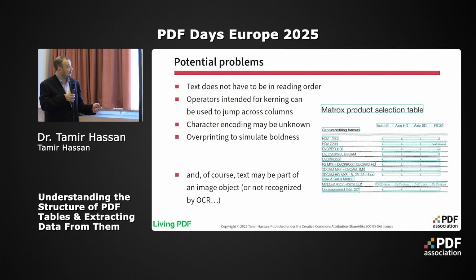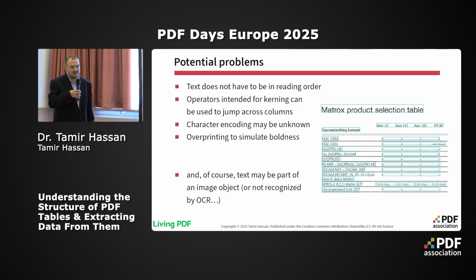There are other issues. For example, the character encoding may not be known, or it might be using a font which doesn't have the encoding embedded in it, or is incorrect, like many older LaTeX output PDFs. Also, there are cases, in fact the PDFBox library has explicit code to deal with this, where several characters are overprinted, but with very slight increments in positioning to simulate boldness, a sort of fake bold.